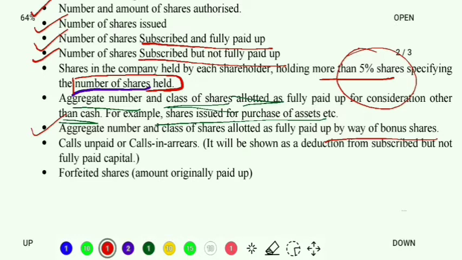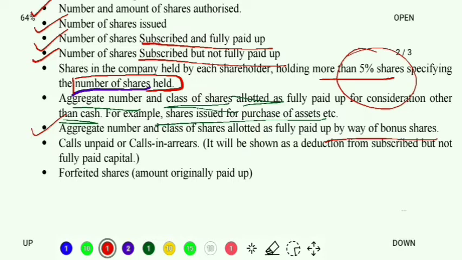That means if a particular shareholder is holding 20 shares, then how many bonus shares will he get? He will get 10 shares as bonus. Why? Because the ratio is 2:1, for every 2 shares you will get 1 bonus share. Clear? That is the concept of bonus shares.